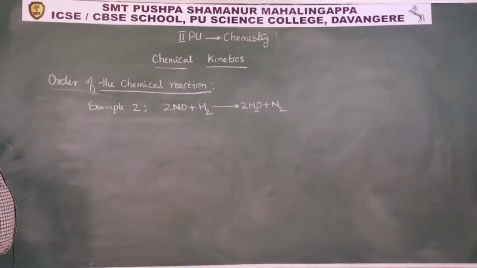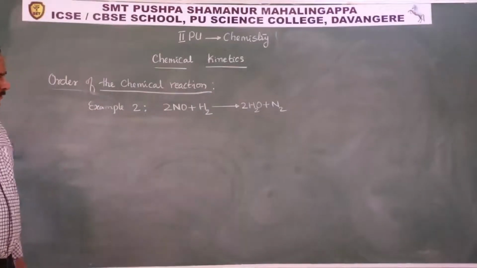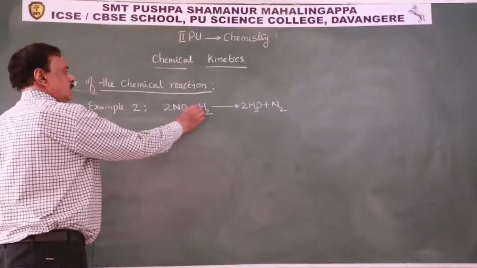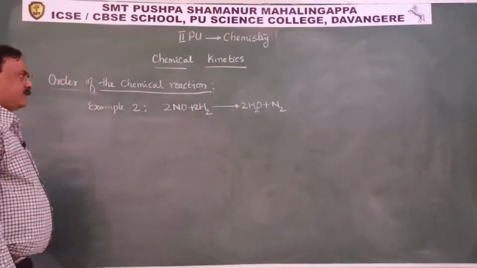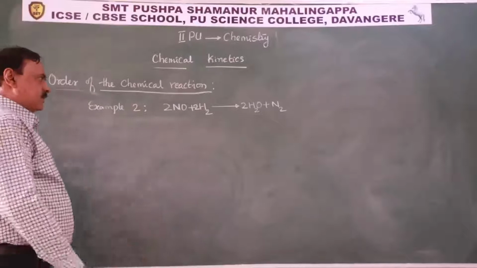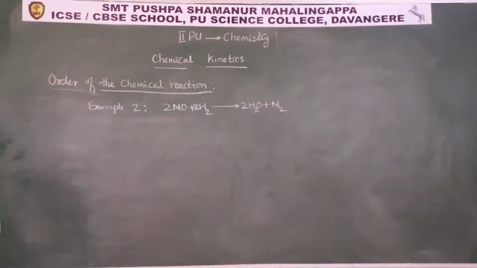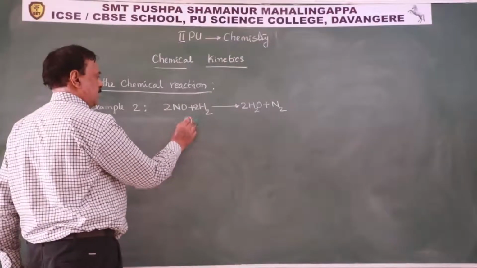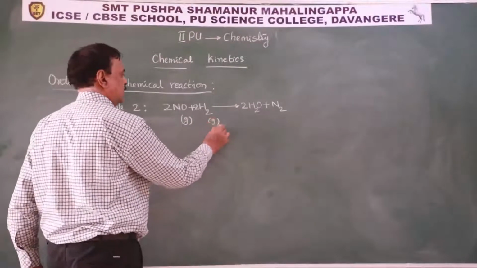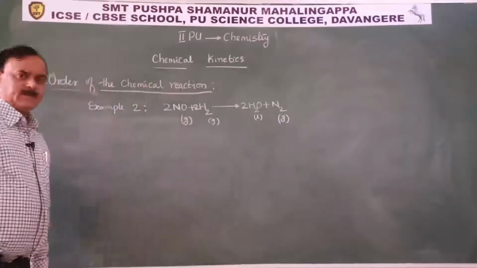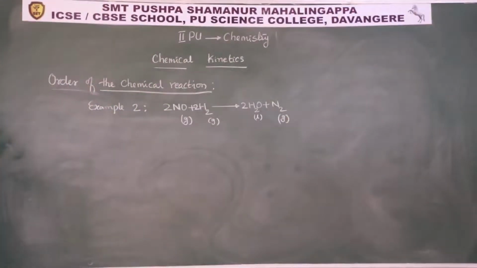This is the reduction of nitric oxide that gives rise to water and nitrogen. All are in gaseous state, this is liquid state and this is gaseous state.